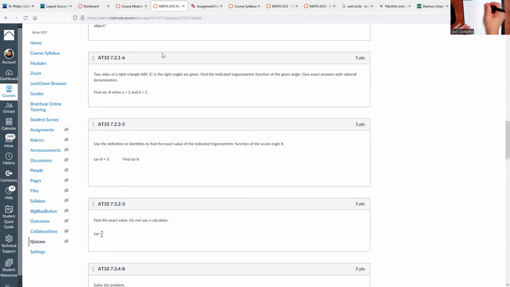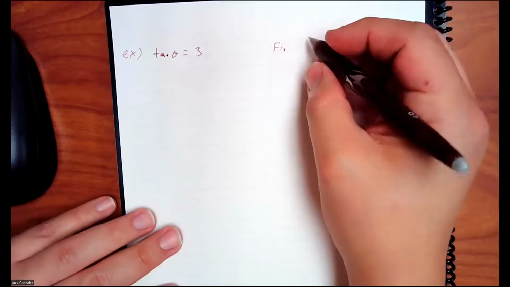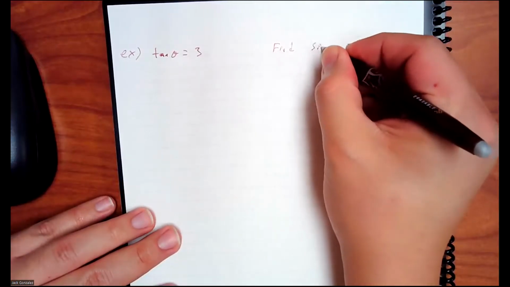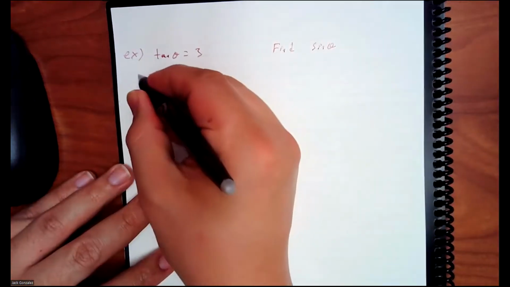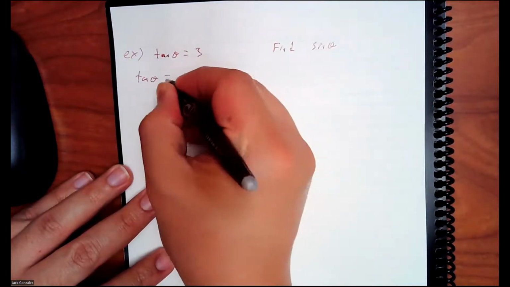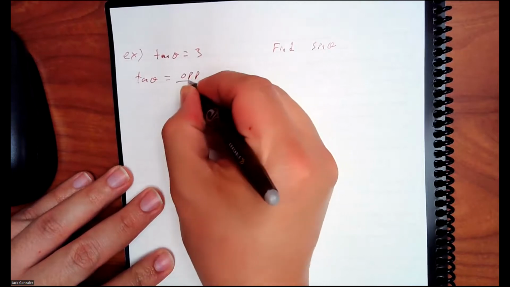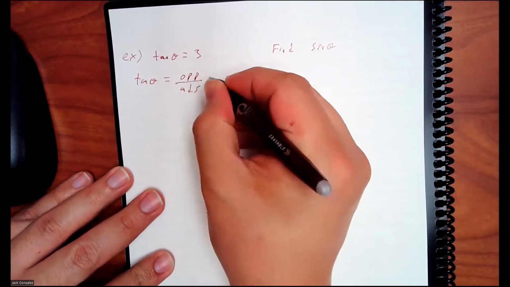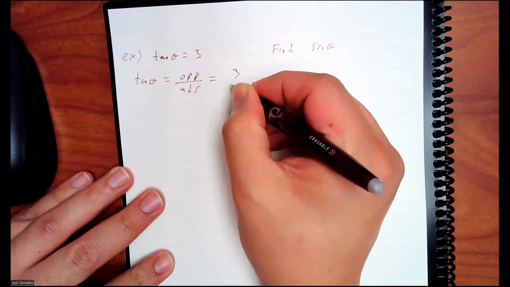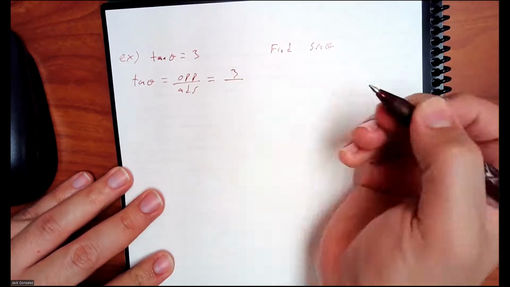So find sine given tan equals 3. We need to remember that tangent theta is equal to opposite over adjacent, right? Which is 3. There's no number on the bottom, so you put a 1.